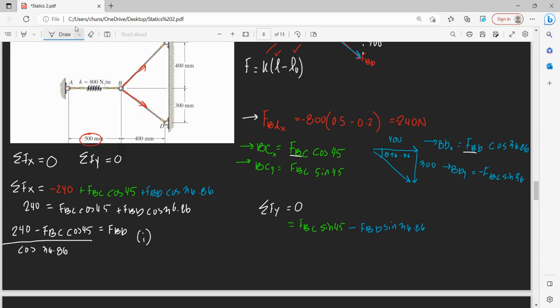Moving one over, FBD sine 36.86 equals FBC sine 45. And then we're going to plug this value into our second equation.